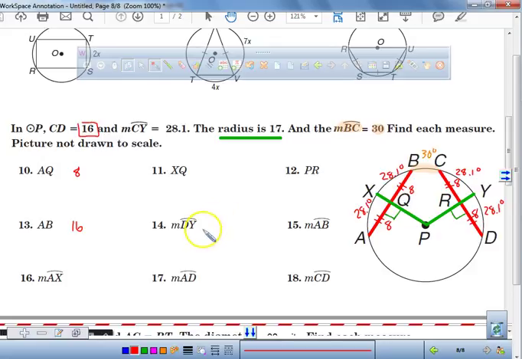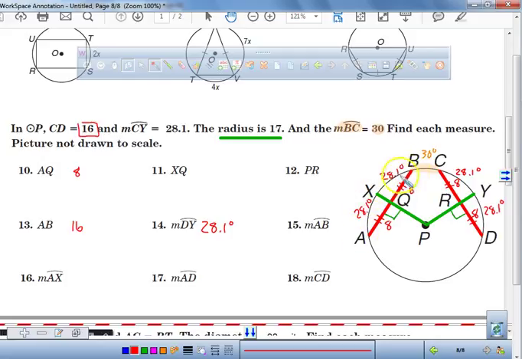Now it says measure of arc D to Y. D to Y. Alright? Measure of arc A to B. That's 28. No, 28 plus 14? Oh, A to B. Nope.